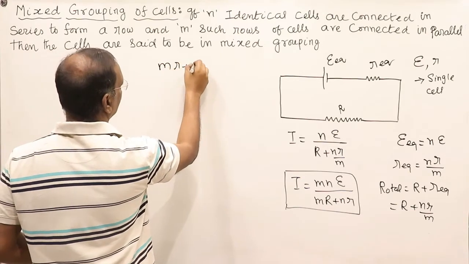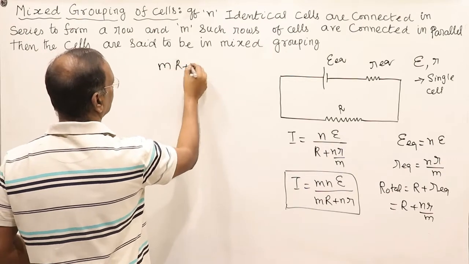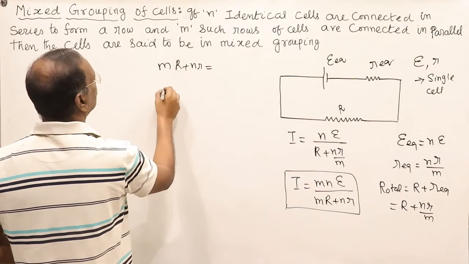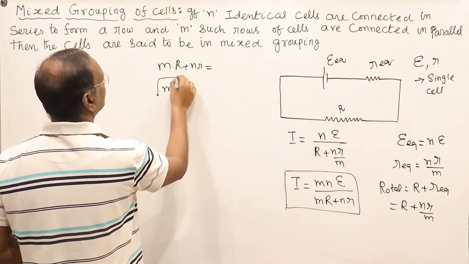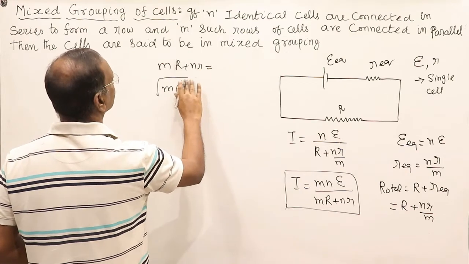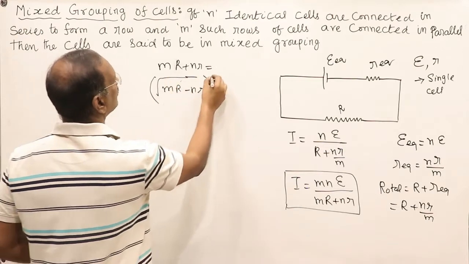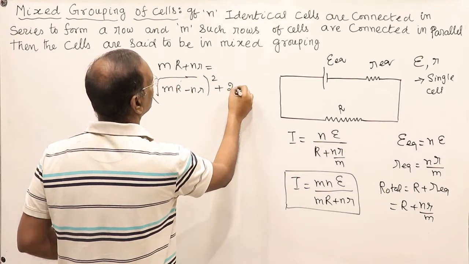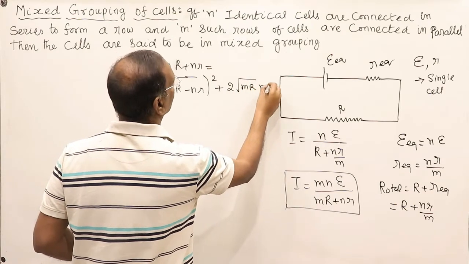plus n r, m R plus n r is equal to under root m R minus under root n r, whole square, plus 2 into under root m R into n r.